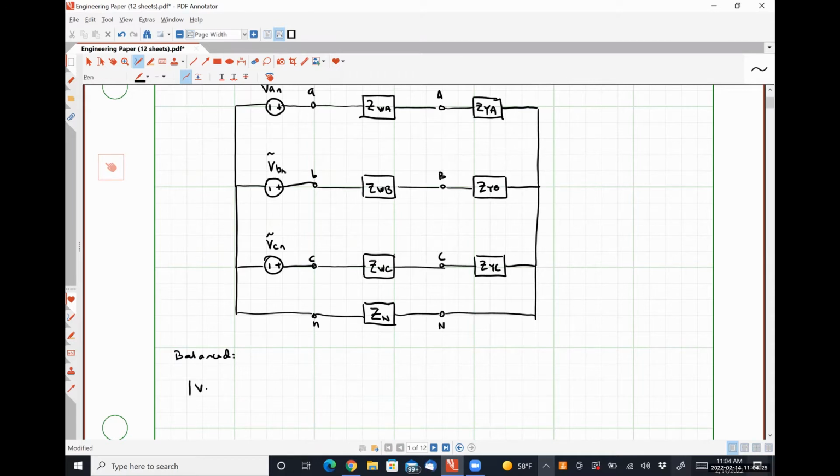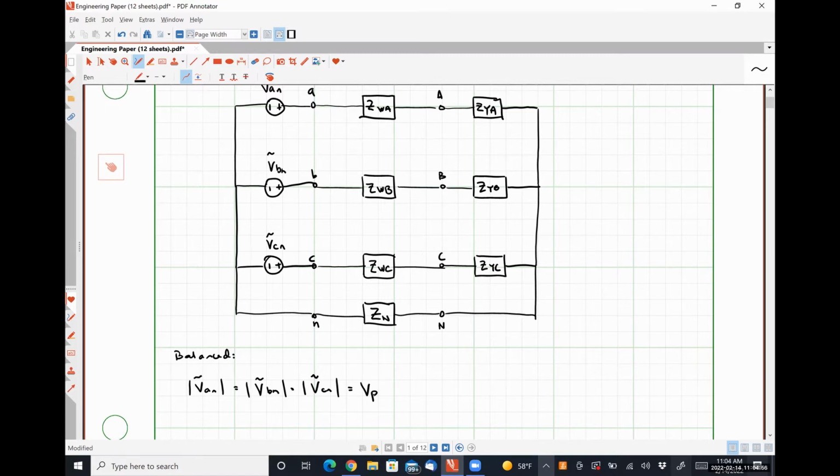The magnitude of our phase voltages at the source need to be equal. So the magnitude of VAN, VBN, and VCN need to be the same number, which I will call as a shorthand notation VP.